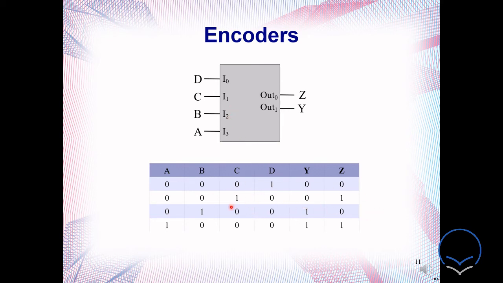If 1, 0, it's selecting I2. If 1, 1, then it's selecting I3. This is the typical truth table. You can find the equation from here as well.